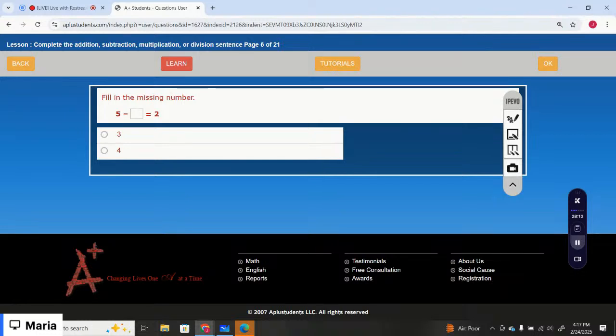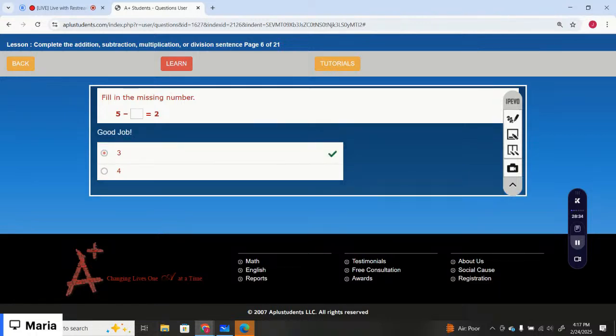5 take away what number equals 2? That is 5 take away 3 equals 2. Option number 1 is the correct option.